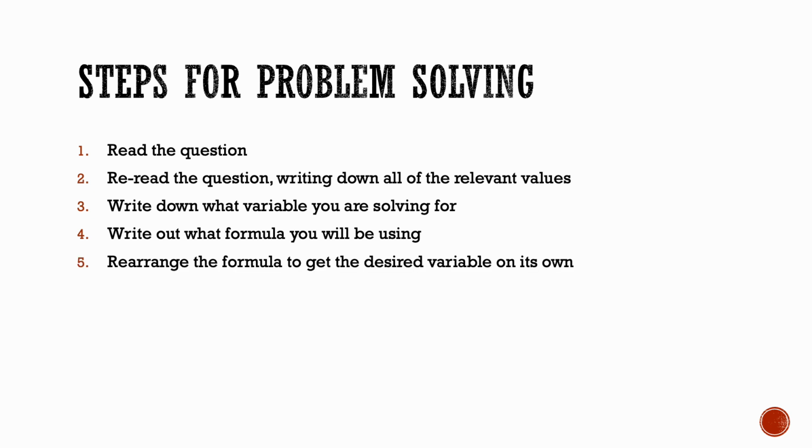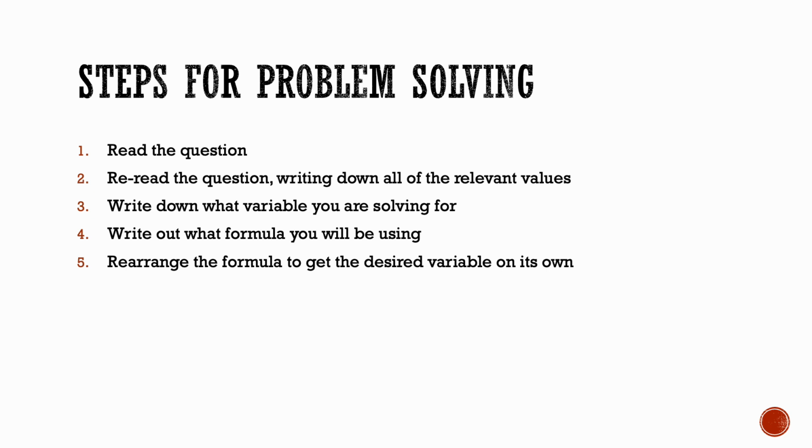So our next step would be to rearrange the formula to get the desired variable on its own. Now in physics, we often rearrange before substituting values in, because as we get to more complex equations, you'll find that you have variables cancel out. So having them cancel out as variables instead of, for example, multiplying them in and dividing them out later is fewer steps and a lot simpler.